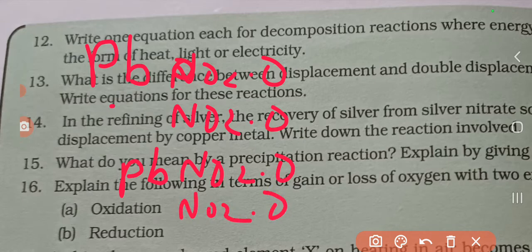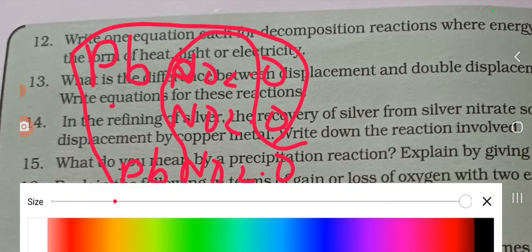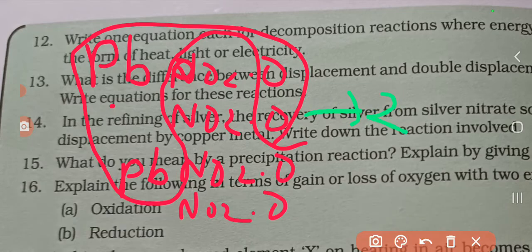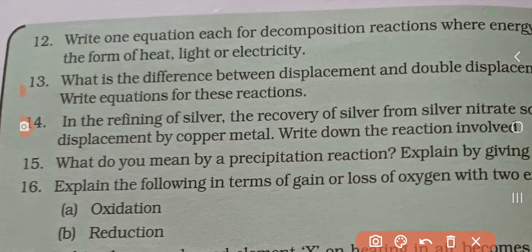Then the compound 2PbO is formed, 2PbO, lead oxide, and the oxygen combines to form O2, and now 4NO2, nitrogen dioxide, remains. So this is the complete reaction.